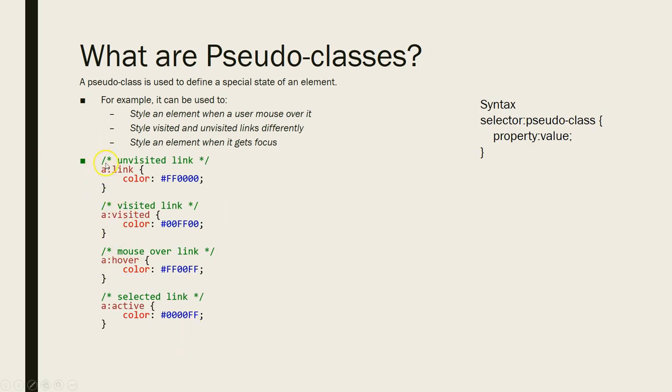Anything with a selector and then colon link, colon visited, colon hover, colon active, they're all pseudo classes, used with pseudo selectors. I've also given a CSS cheat sheet to students today, and I have uploaded it for you all. And you can use it for your lab assignment too, and for all your CSS work. It is helpful and it is handy.